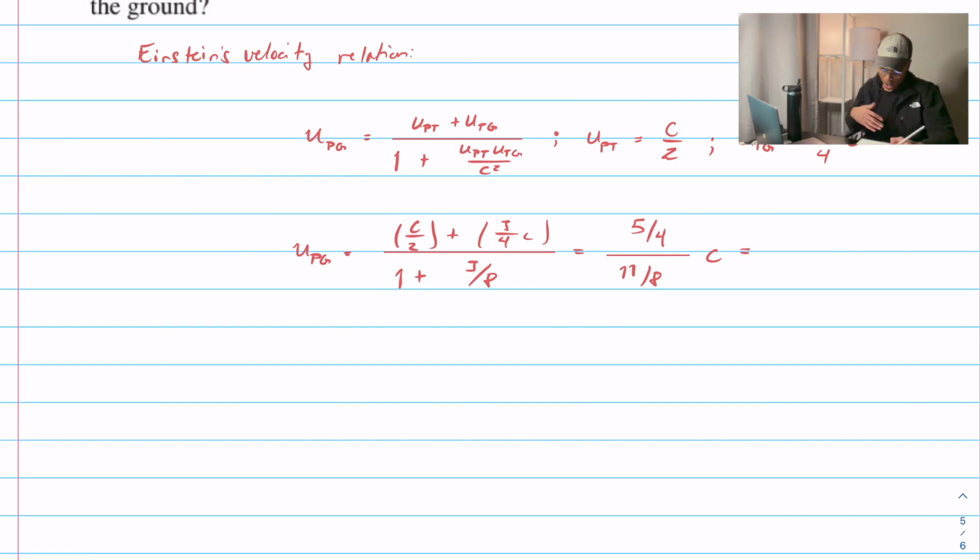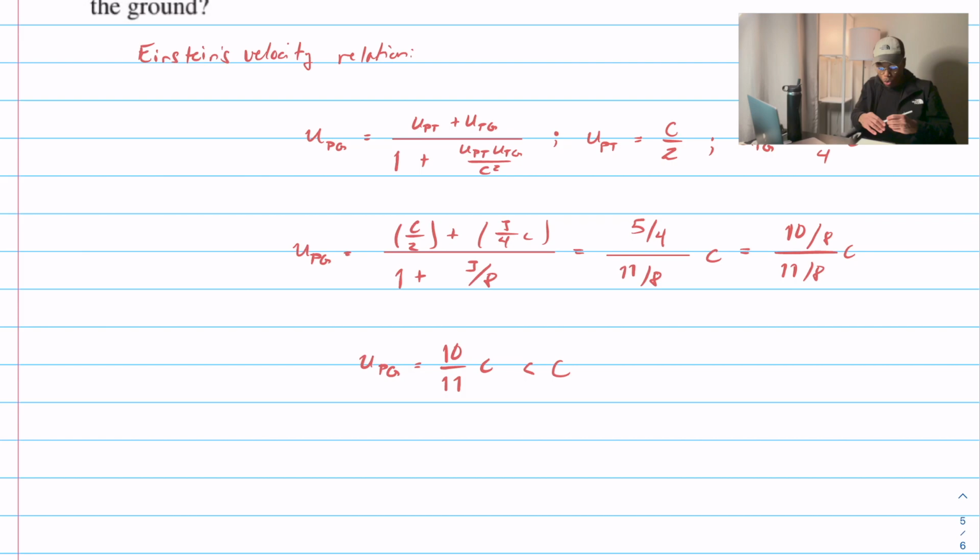Now, to get the 8s to cancel out and have a simplified term, we'll have 10 over 8 over 11 over 8 c. And what we get is that the velocity u with respect to the ground is equal to 10 over 11 c. So you're still traveling less than the speed of light with respect to the observer.